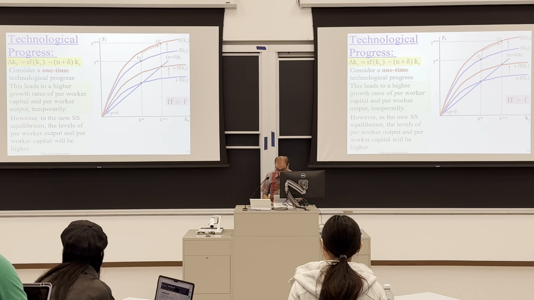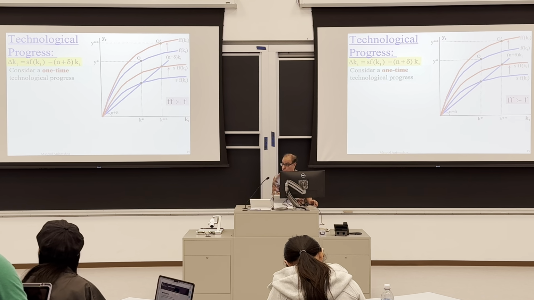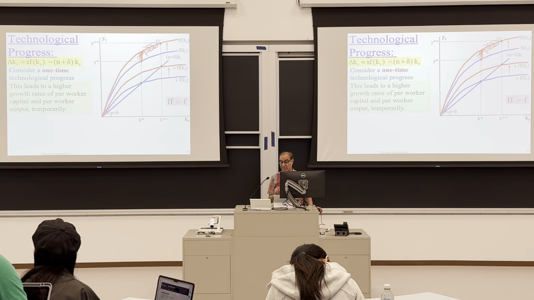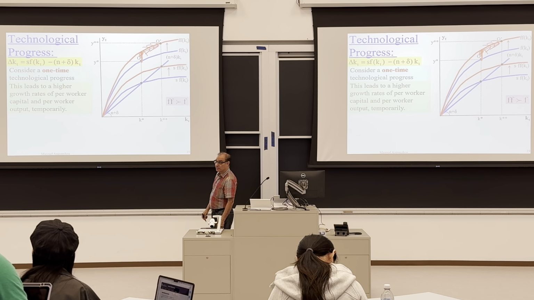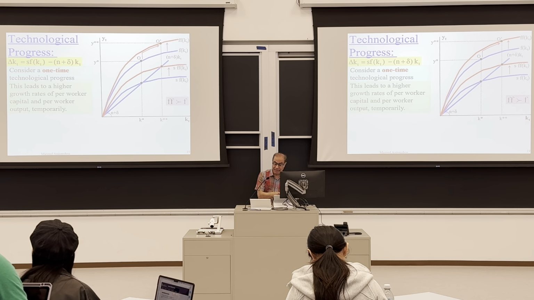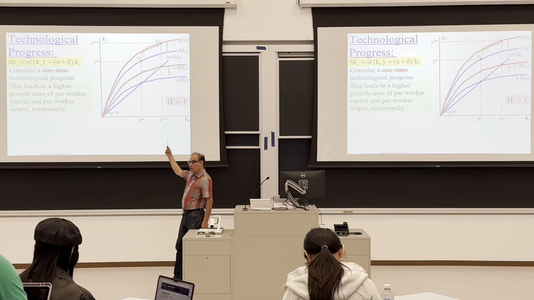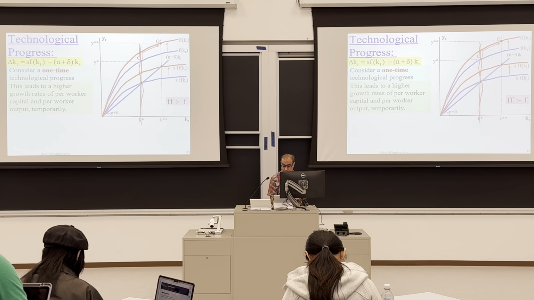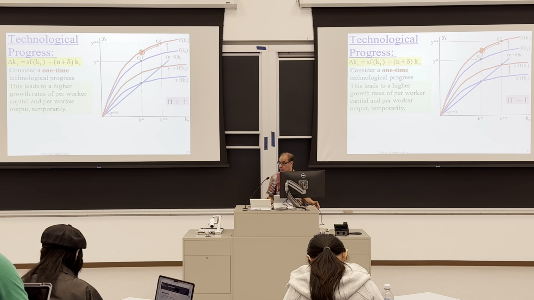How does the economy go from O to O prime? You see you have an initial jump, and then gradual adjustment. Why the jump? Because with this new technology and the same initial level of capital, you can right away produce more output. That is the definition of better technology.